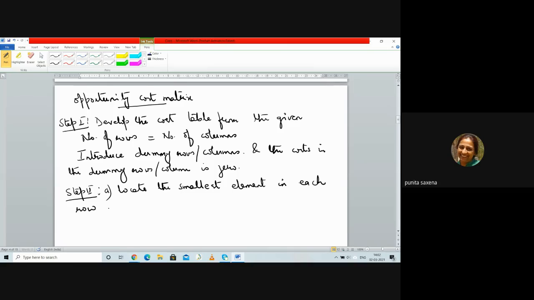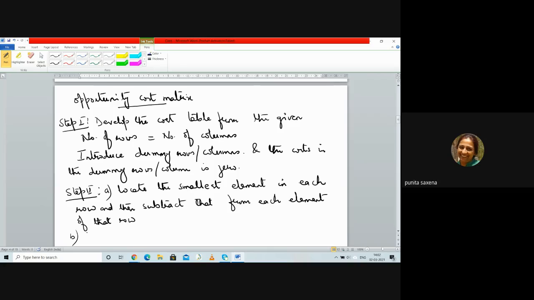Locate the smallest element in each row and then subtract that from each element of that row. Not the table, not the matrix, just the row. So from each row, we pick the smallest element and subtract that element from each element of that row.